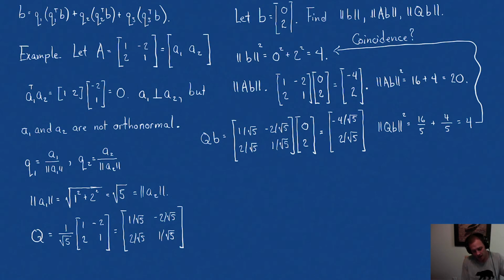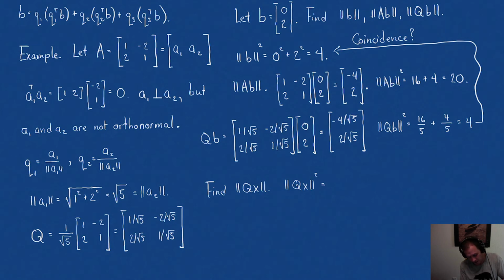Let's check. Let's try this. Let's find the length of any vector, just Q times x in general. Well, let's think about this. What we don't know is that the length of Qx is difficult to find. So let's try this. What about the length of Qx squared? Well, remember that Q times x is a vector.